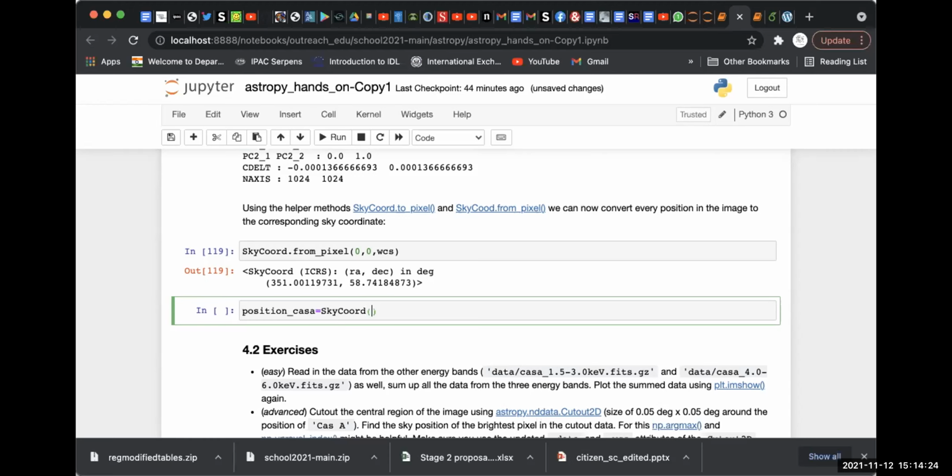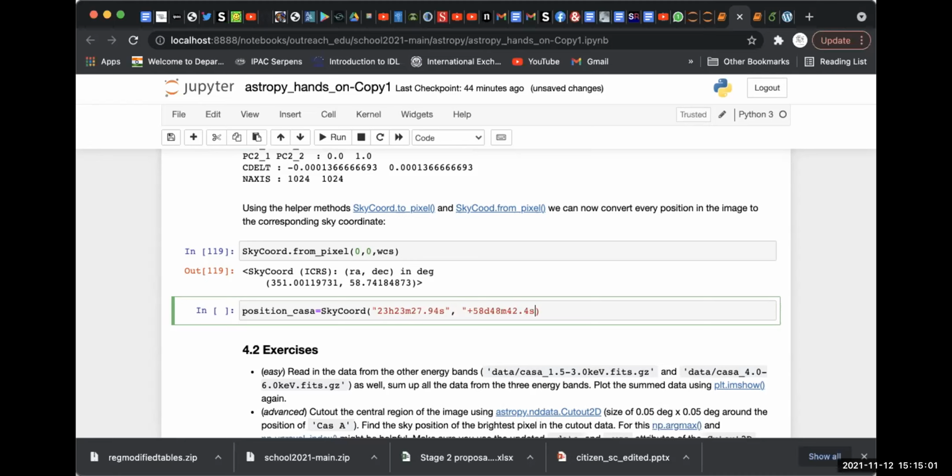So I'm going to now put it over here in the other coordinates, that is 23 hours, 23 minutes, 27.94 seconds, and comma, plus 58 degrees, 48 minutes, and 42.4.